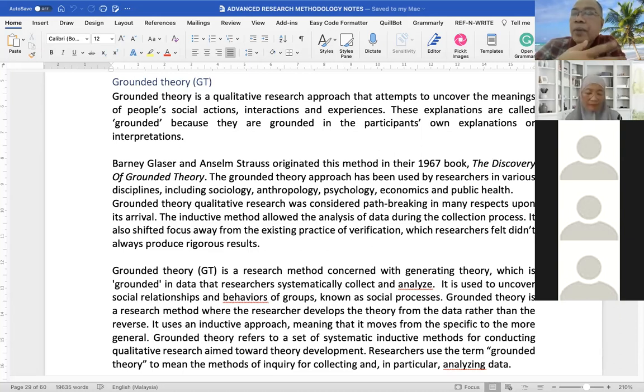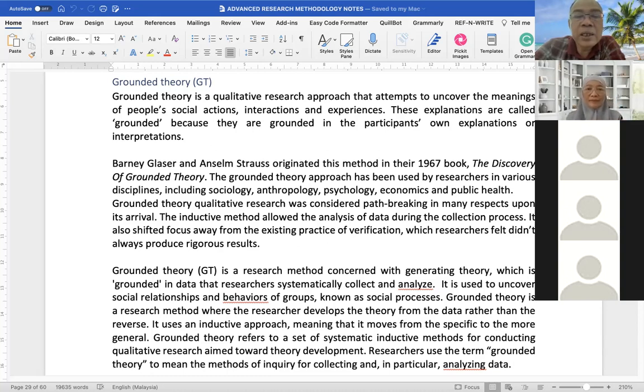So there'll be questions from researchers to the participants, and the participants will answer the questions. So it's kind of using the interview method, right? So grounded theory qualitative research was considered path-breaking, okay?